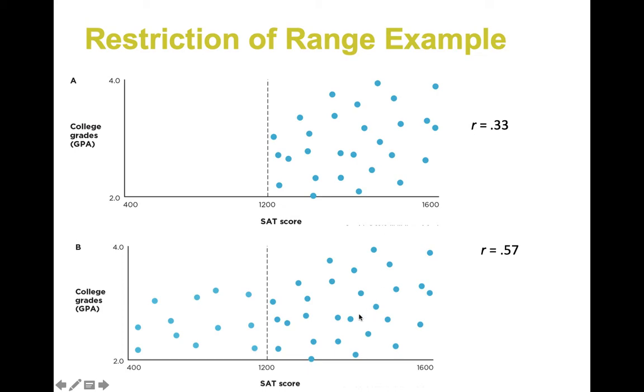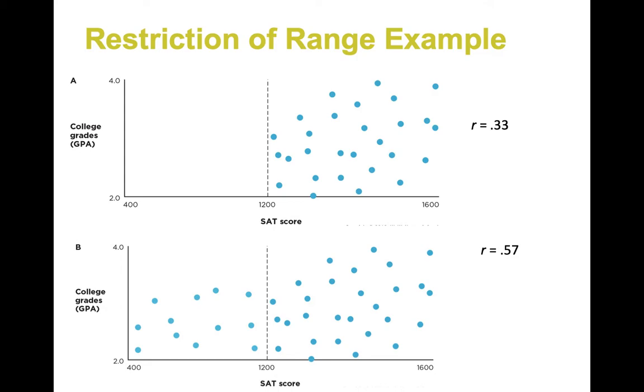Now look at this bottom panel. Scores on the SAT can range from, I believe, 600 to 2400, but College S only admits students who score 1200 or higher. So this creates a restriction of range.